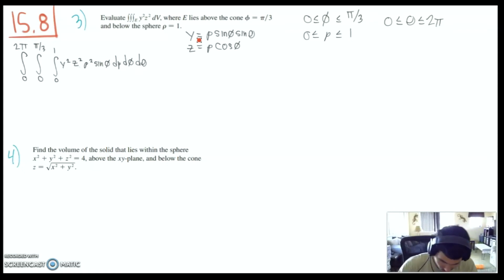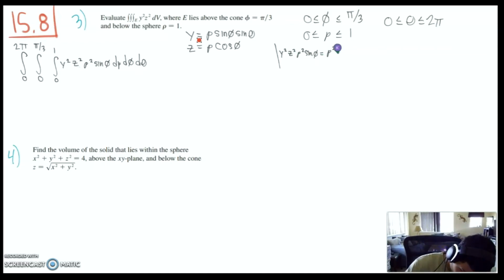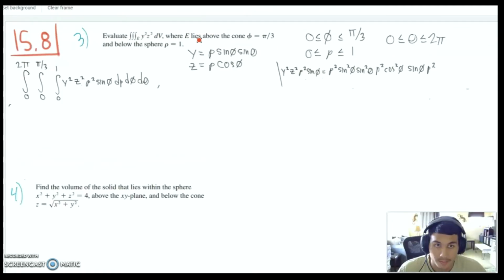Let's make a little box here where we do y squared, z squared, rho squared sine phi, which is the same thing as rho squared sine squared phi sine squared theta, rho squared cosine squared phi, sine phi, rho.